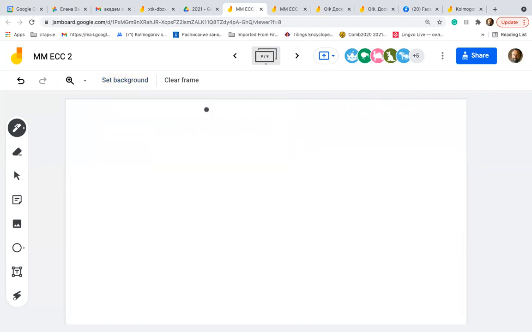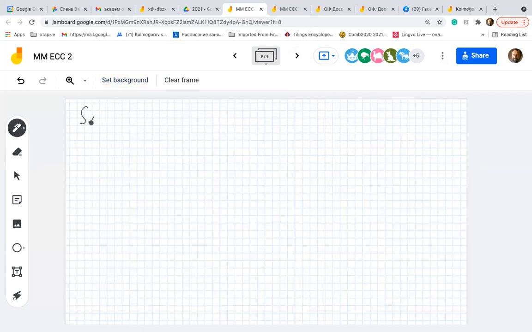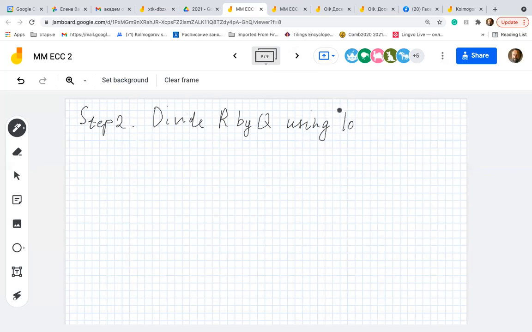So on the second step, we divide r by q. And to perform this step, we need that q is a non-zero polynomial. Using the known algorithm, called in English the long division algorithm.